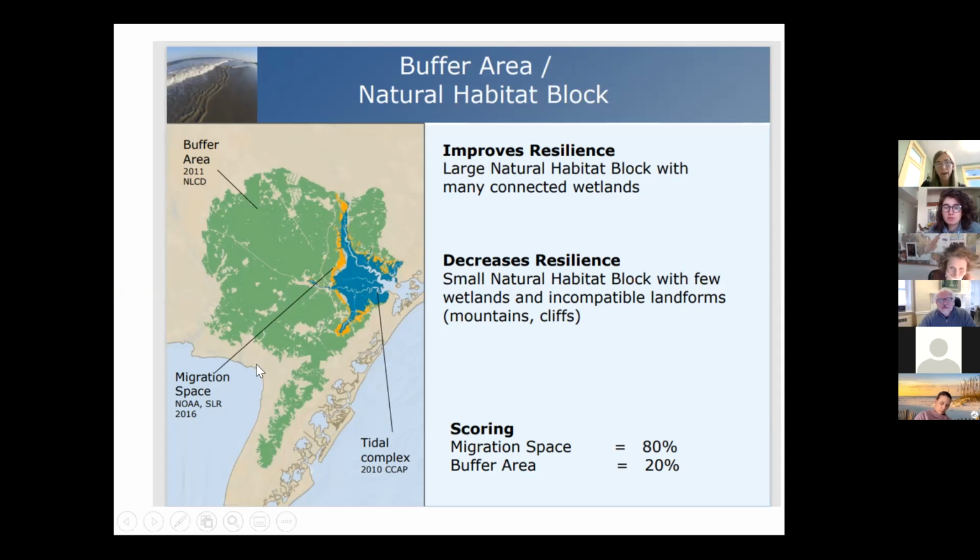So we know that whether or not these areas around our existing and future marsh are in natural habitat or whether they are developed has a profound impact on the condition of those sites.